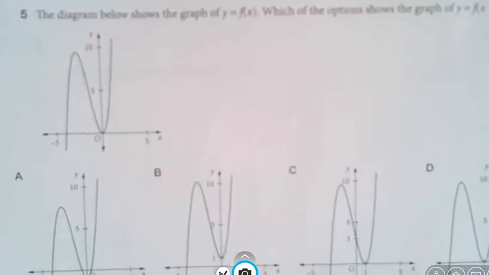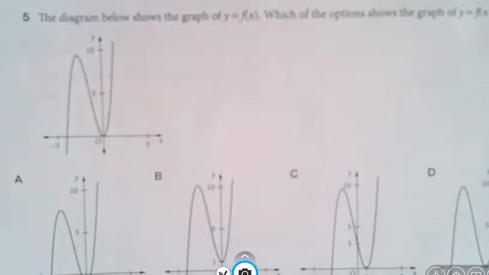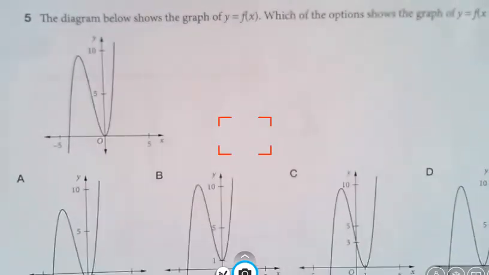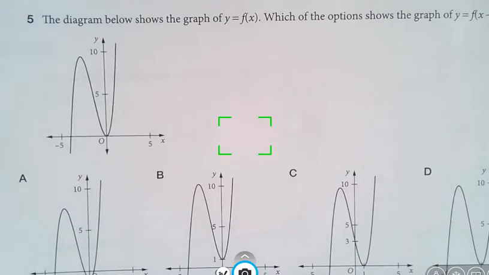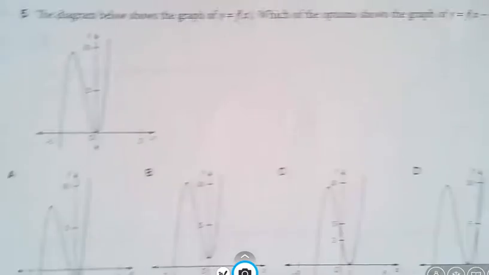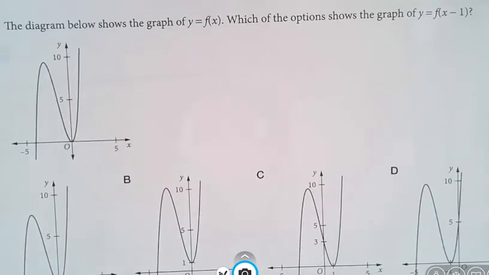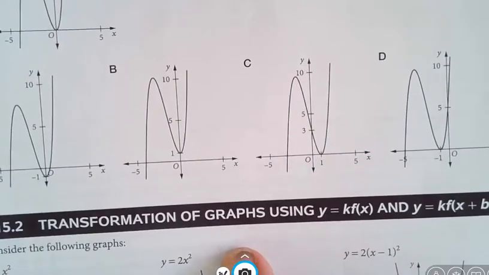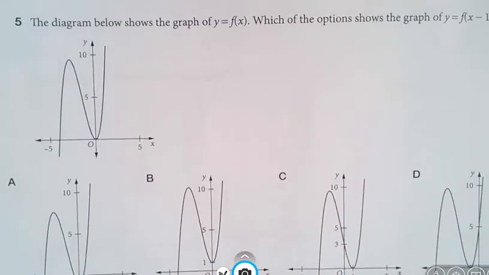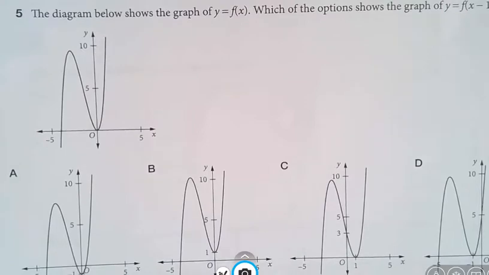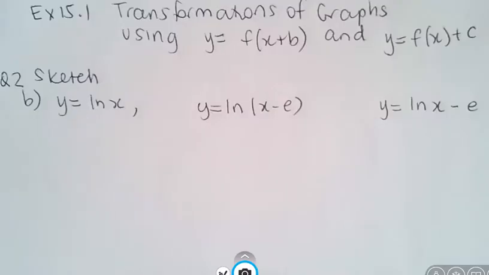You're also going to do question 5 for homework, from exercise 15.1. 15.2 is below. We're doing that tomorrow. So 15.1, you'll be doing question 5 as well. It's just multiple choice. These are slightly different to what we did last year. The others are very similar.